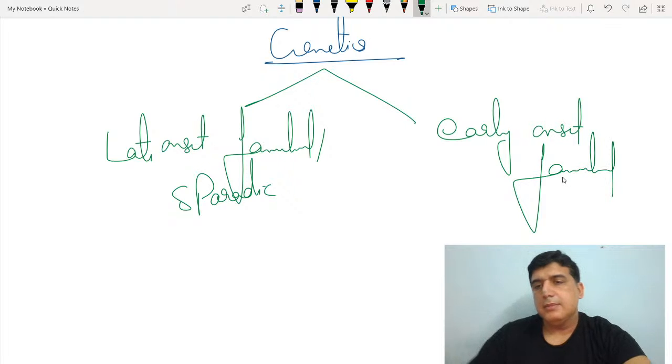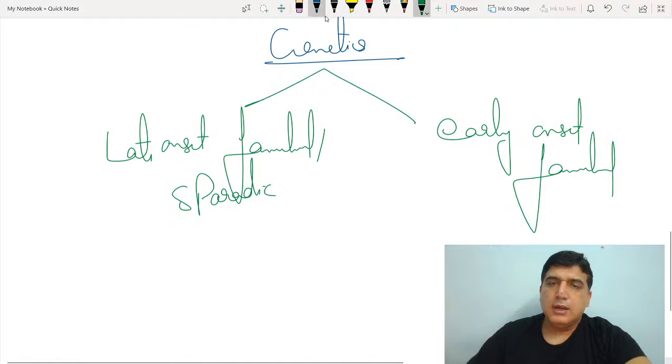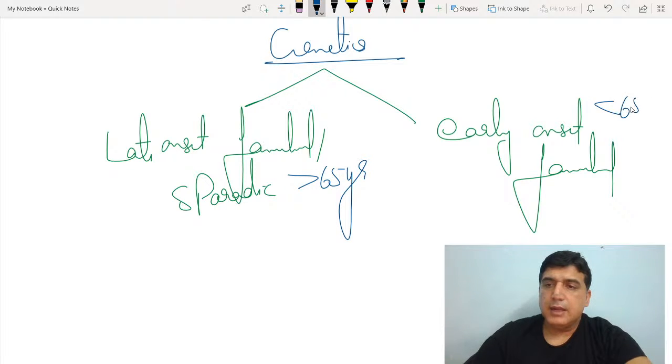Before, we were calling it senile and pre-senile; this concept is gone now. Now we say late onset or early onset. Sometimes if they ask, late onset means after 65 and early onset means before 65 years of age.